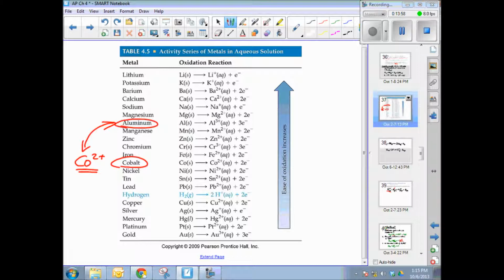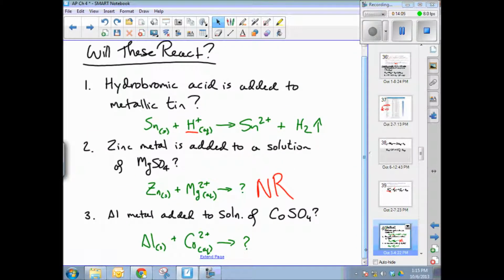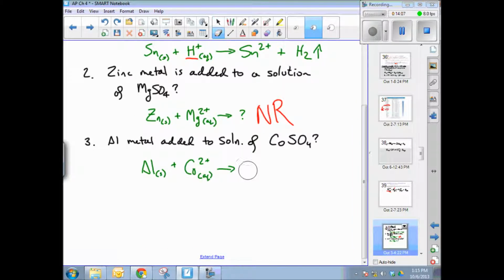Aluminum will go to the 3+ oxidation state, and cobalt will be reduced and will plate out of solution. So in this case, again, balancing is going to be an issue here, but we're going to ignore it for now. Aluminum will go into the aqueous phase, and cobalt solid will be reduced.